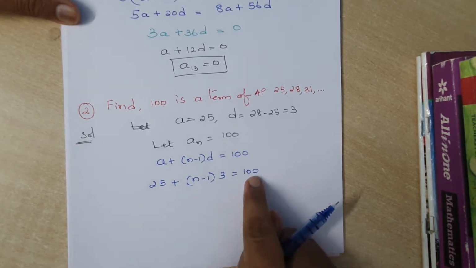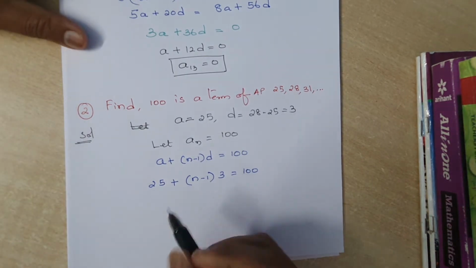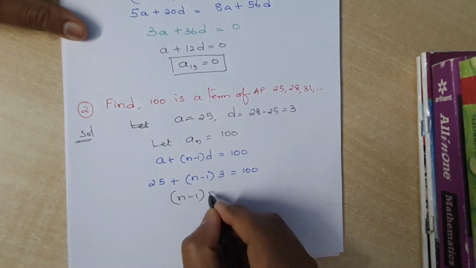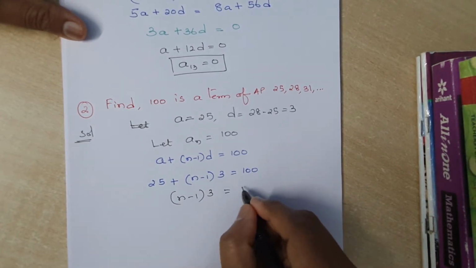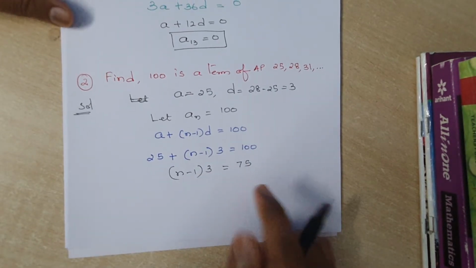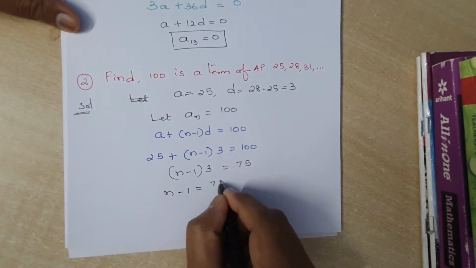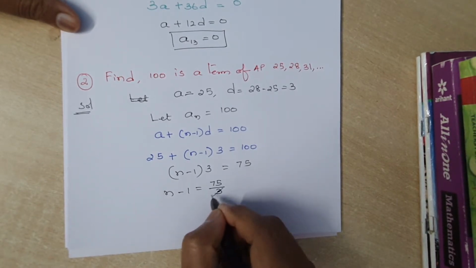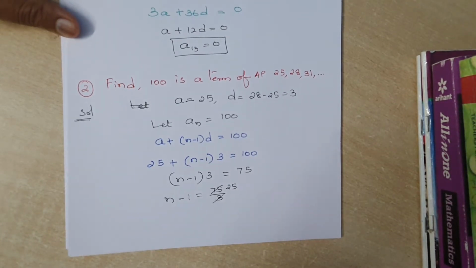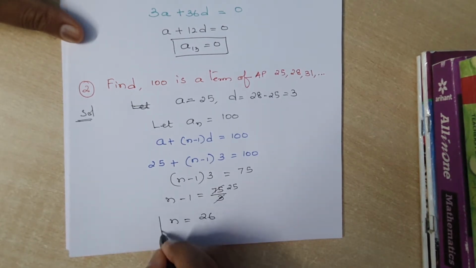So 3 into (n minus 1) is equal to 75. Transposing the 3, n minus 1 is equal to 25. Now n is equal to 26.